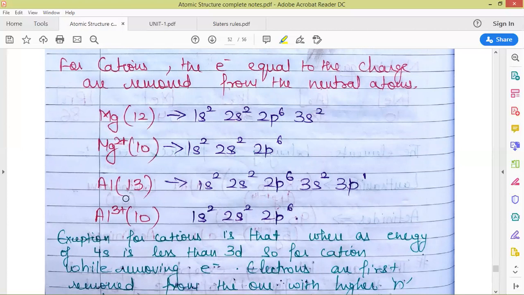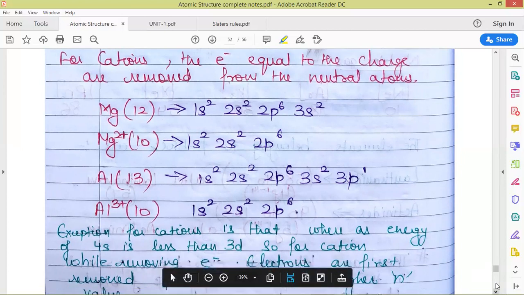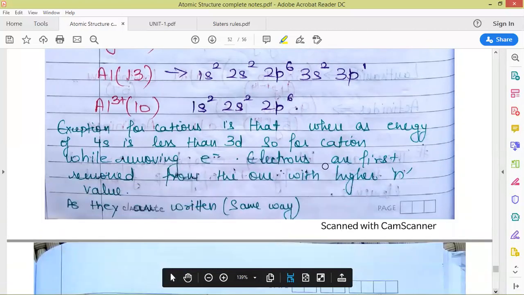Next is aluminium with atomic number 13. It has 3 electrons in the valence shell, so it will lose 3 electrons and become aluminium 3 positive, and now it will be left with 10 electrons, so it will also attain the configuration similar to neon.